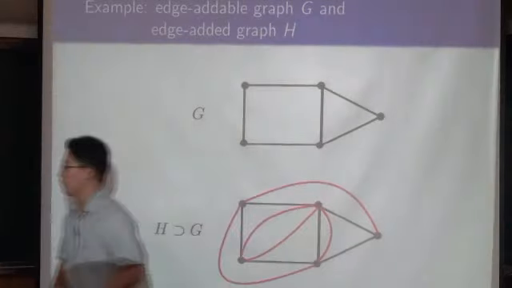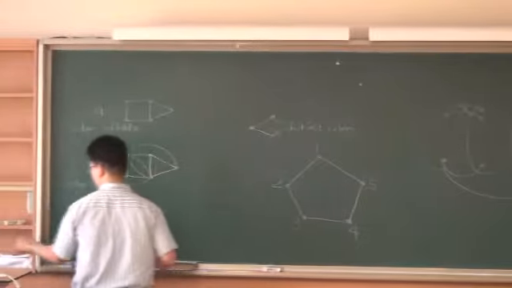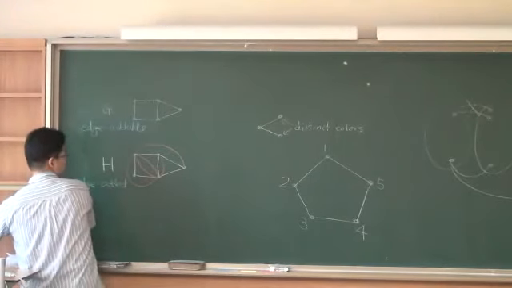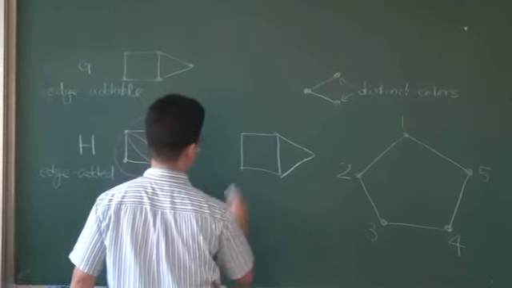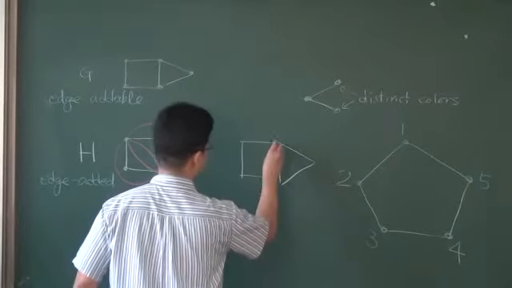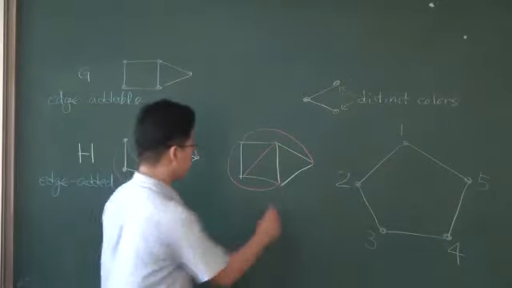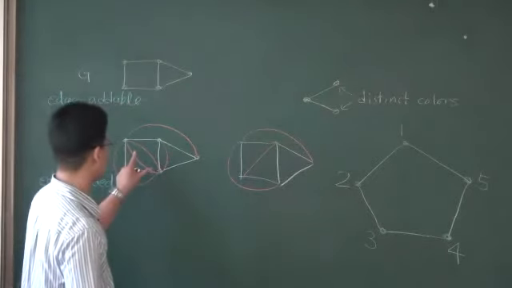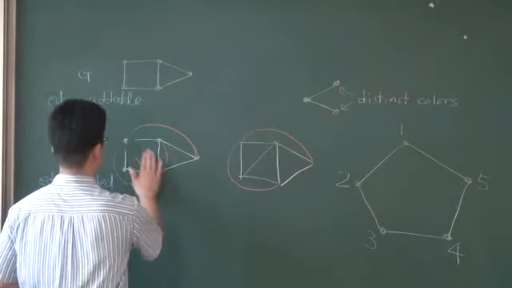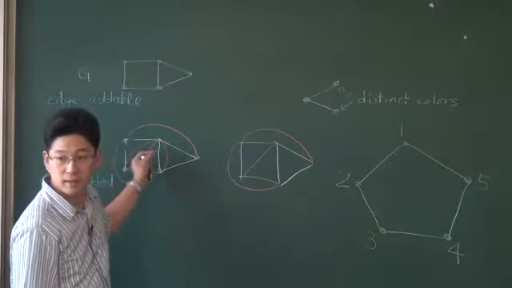So this could be an edge-added graph of G because for this vertex, two neighbors are already adjacent in G. And also one more thing is, we don't need to have multiple edges, right?